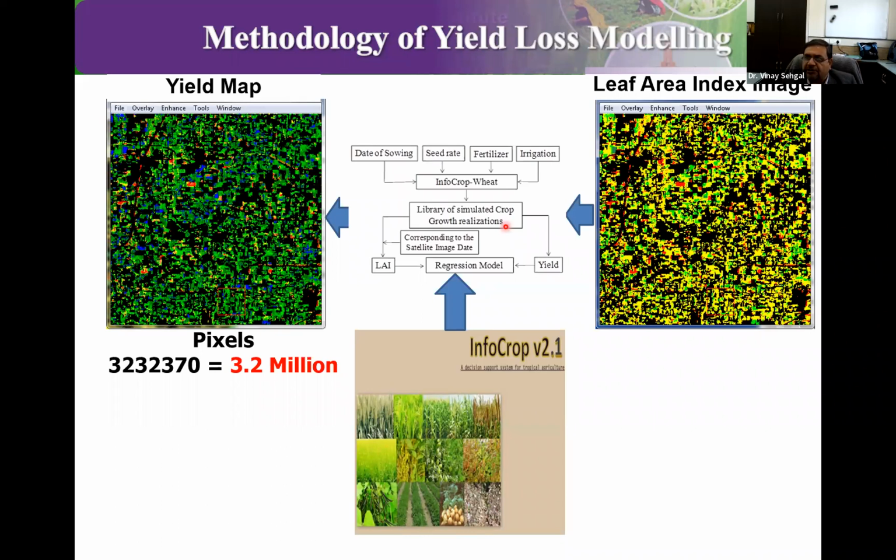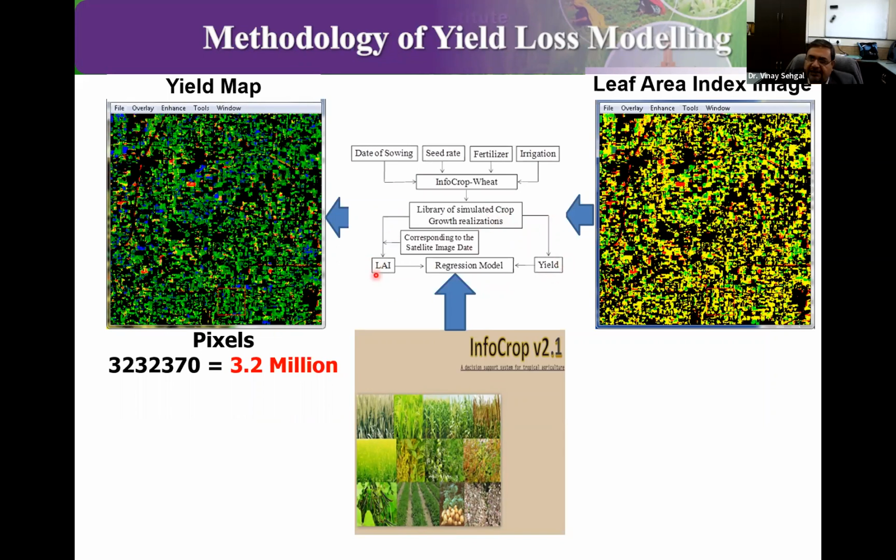Based on that, for the day on which we have a satellite image, we generate from the model the leaf area index. So this is a model generated leaf area index, and from remote sensing we also have a leaf area index. From the model, we have the simulated leaf area index, and the model also generates a simulated yield.